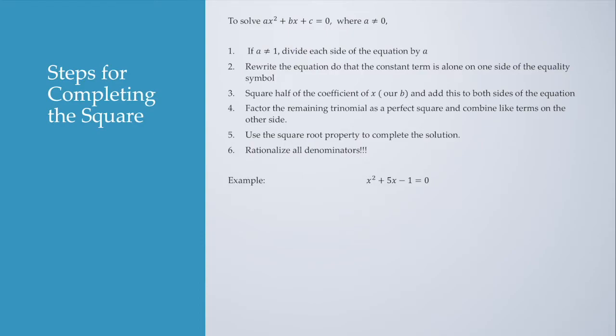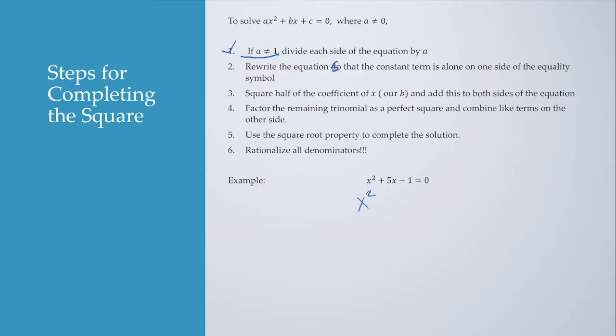Okay, so I have x squared plus 5x minus 1. If a is 1, which it is, we can skip that step. Rewrite the equation so that our constant term is on one side, so I'm going to add 1.